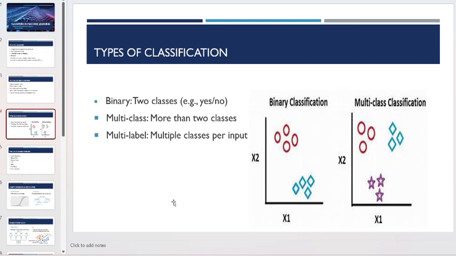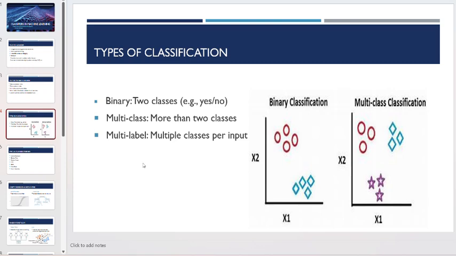And then multi-class classification. In this, we have more than two outputs, for example, digits 0 to 9. Multi-class classification is common in image, text, and object recognition.